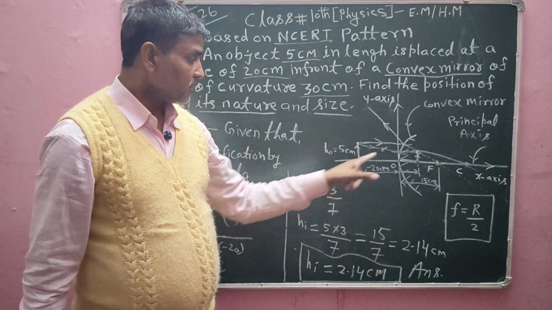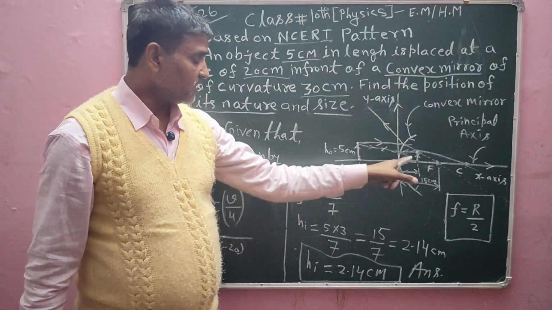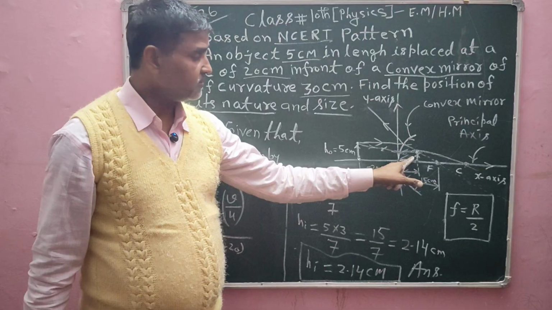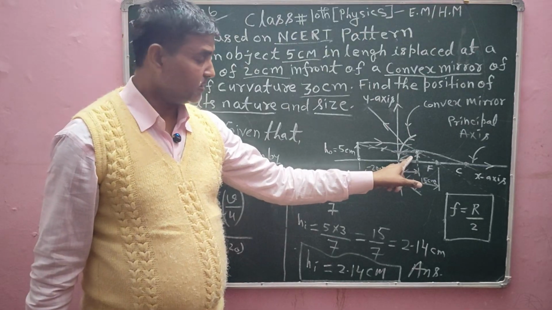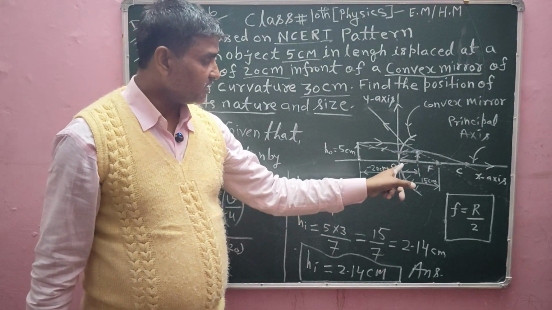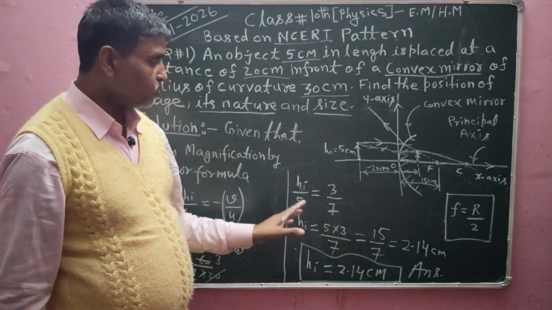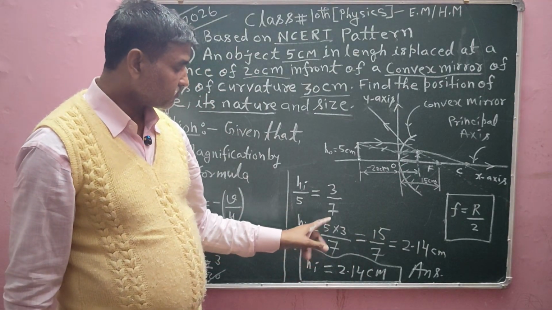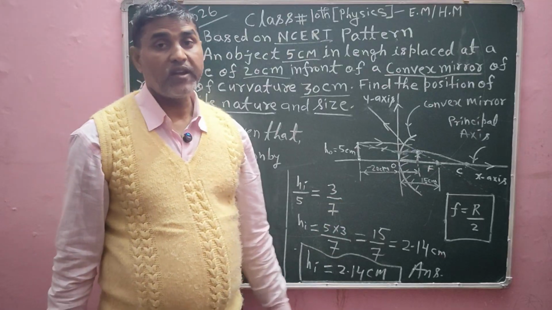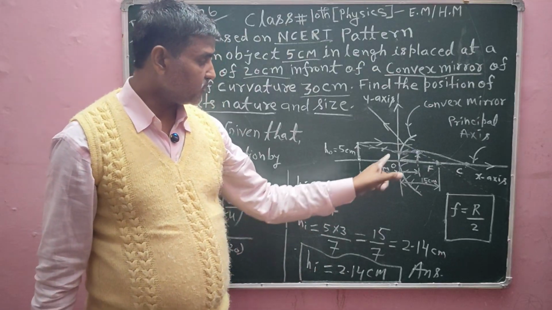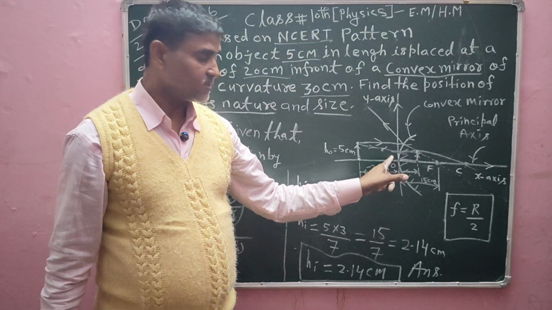Therefore I have to say the image is diminished, and at a distance I have calculated, that is 8.57 centimeter from the center of the convex mirror.